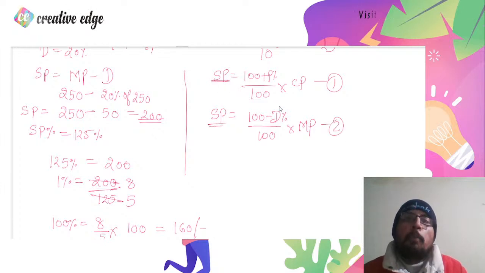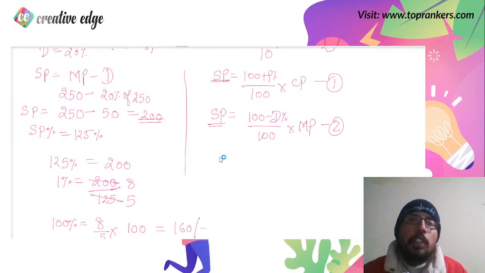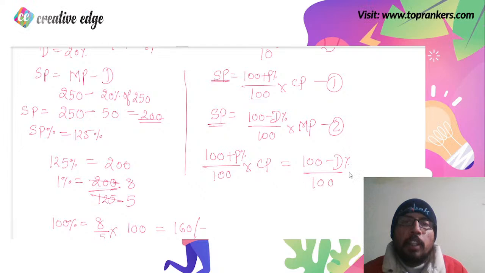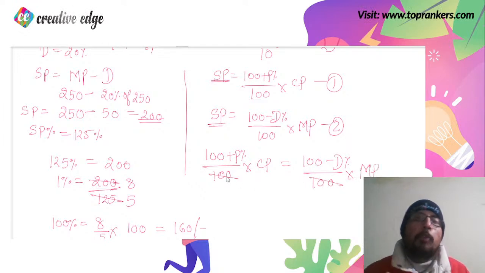I should be equating RHS of both the equations. So I would be saying that 100 plus profit percent upon 100 into CP is equal to 100 minus discount percent upon 100 into mark price. 100 and 100 would be cancelled.